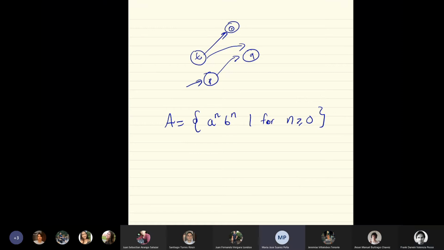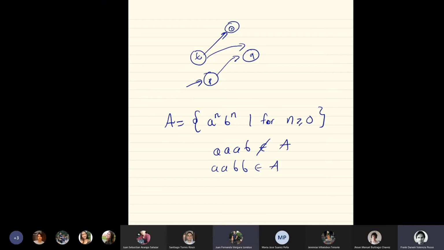To read it, I'm saying that the set is a to the n, b to the n, where n is greater than or equal to 0. Exactly. So basically, this A has all the strings of the form a's and b's such that it has the same number of a's as b's. Okay, so for example, aabb is in A, but aab is not in A. Understood?